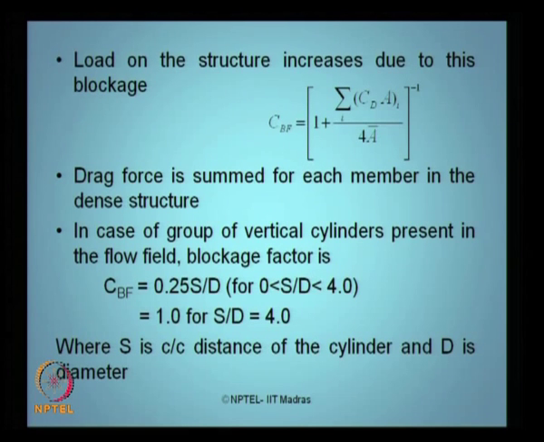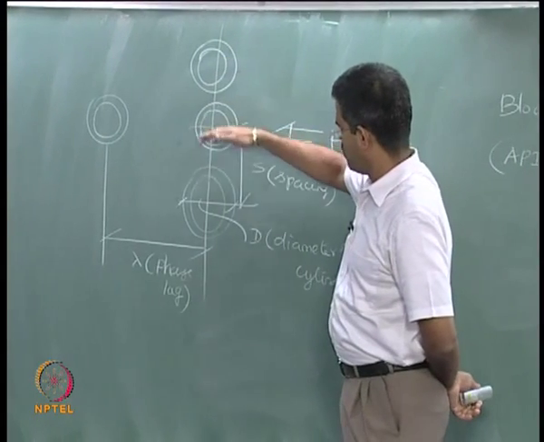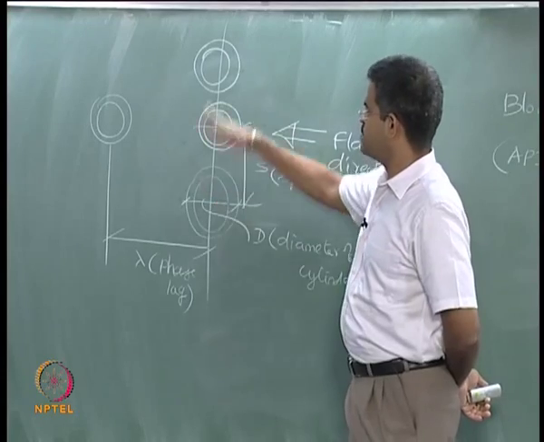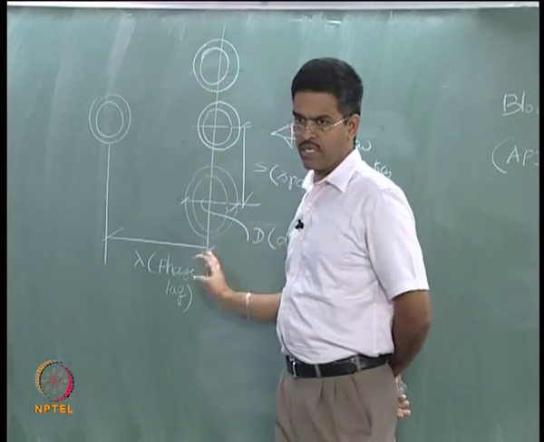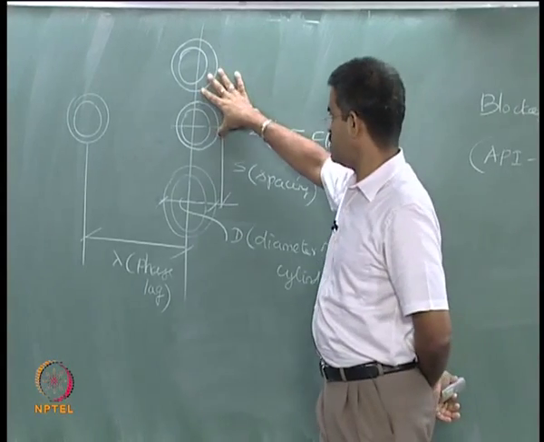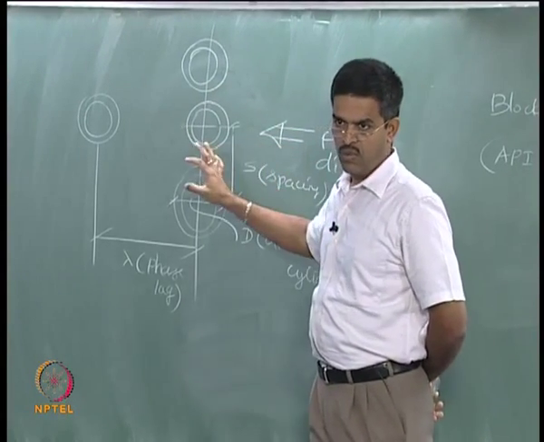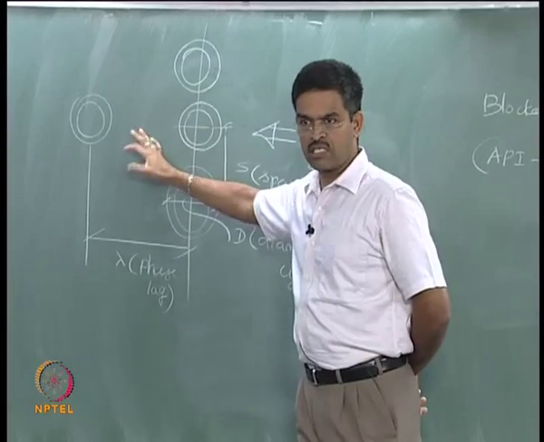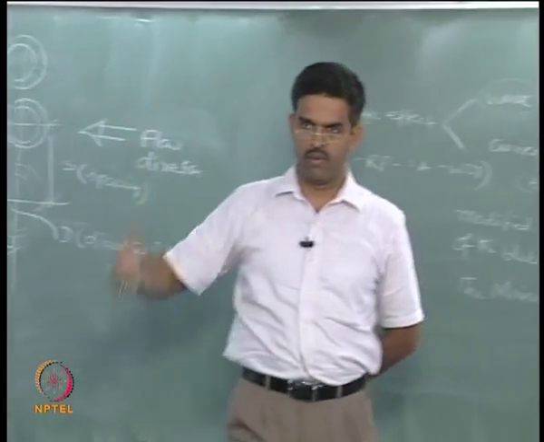So in a nutshell, any group of structures or cylinders kept in a specific orientation, if they are interconnected, are called dense structures. The dense structures will retard the fluid flow. The retardation or the velocity reduction will increase the force on the member.